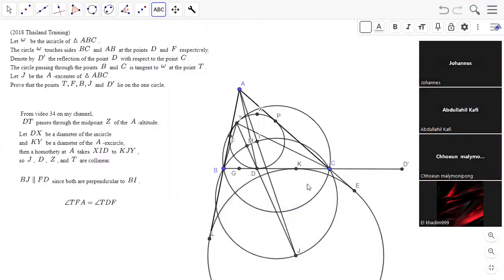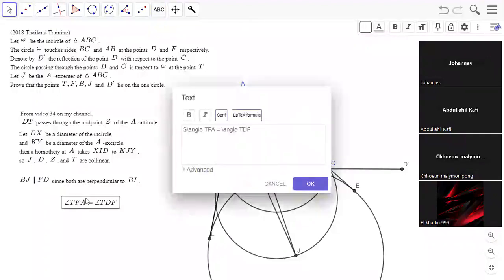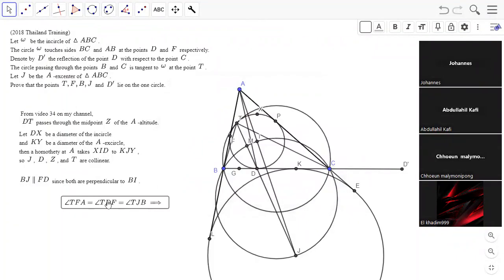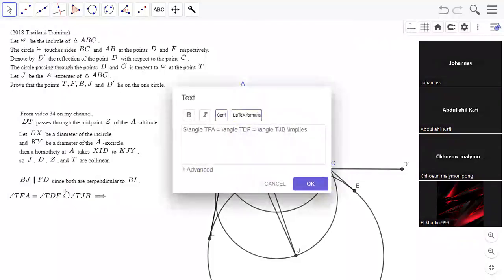TFA is TDF is TJB. And that implies TBFJ is cyclic. And now we just use power of a point.